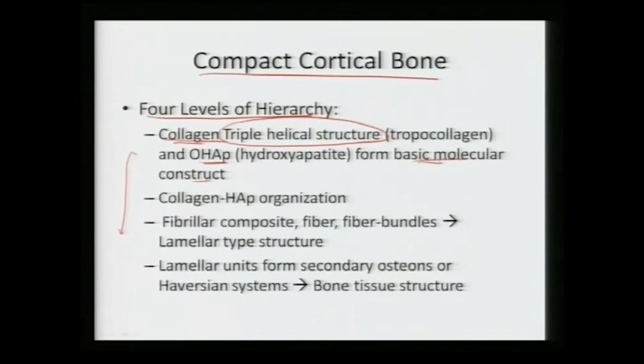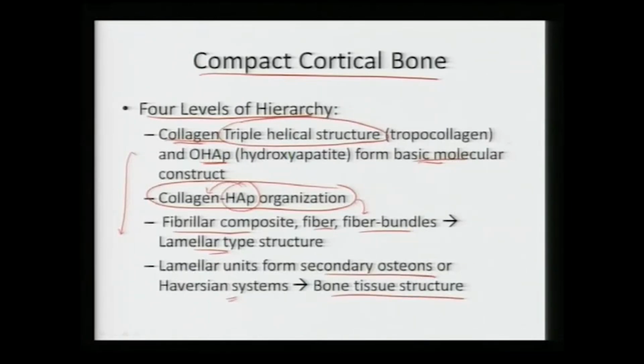Then we have intertwining of collagen and hydroxyapatite, giving a second level of structure, collagen and HAP, where HAP is present in both the inter- and intra-fibrillar regions of the collagen. Later it goes on to form fibrillar composites, fibers or fiber bundles, which show a lamellar type of structure, and this lamellar structure eventually forms secondary osteons or the Haversian system, which gives the properties of the overall bone tissue structure.